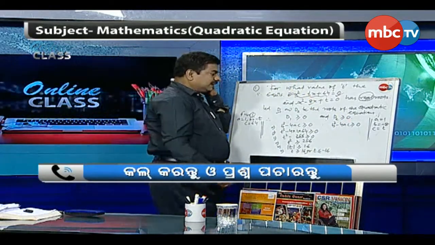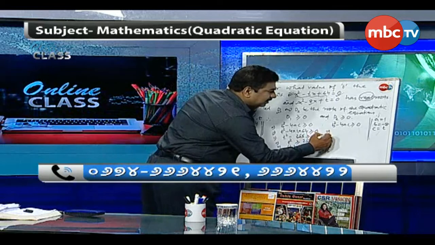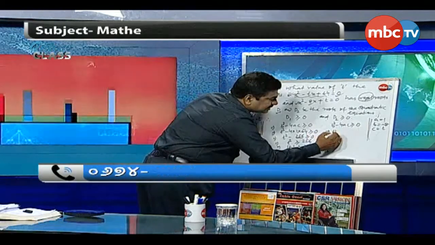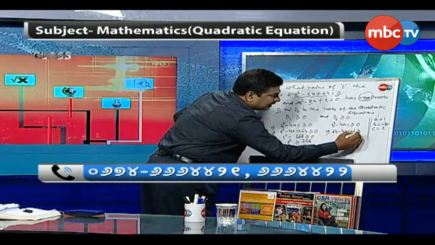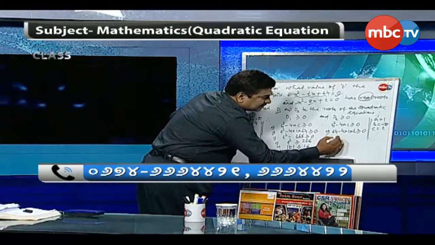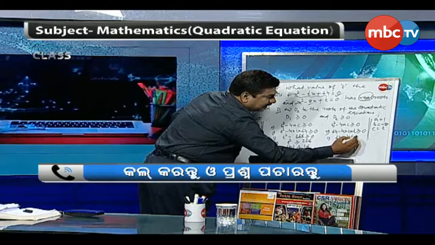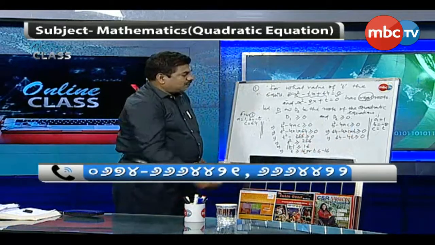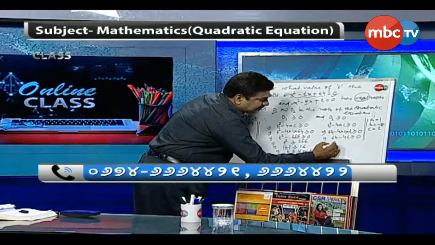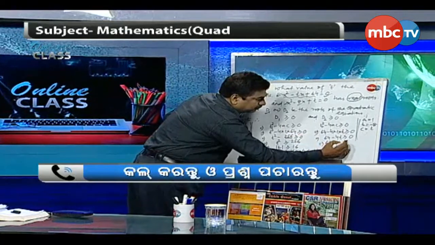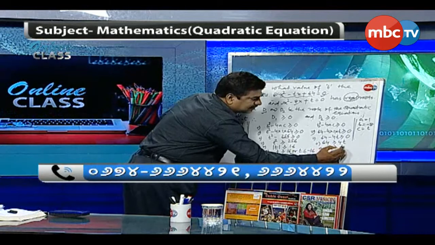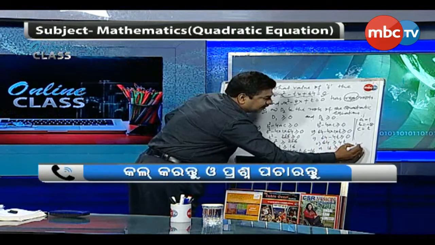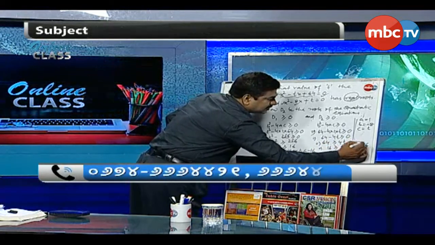So if you substitute these values, minus 8 square is 64, minus 4 into 1 into t, is greater than or equal to 0, dear. So 64 minus 4t is greater than or equal to 0, or we can write 64 is greater than or equal to 4t. If you divide, 16 is greater than or equal to t, so t is less than or equal to 16.